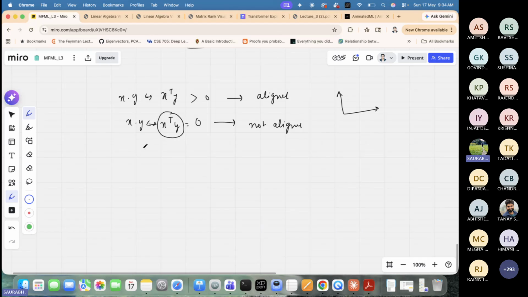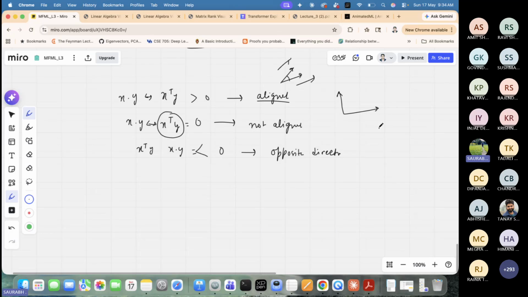You get that idea. But if x transpose y or x dot y is less than 0, then they are basically in opposite directions. When they are aligned, it means that they are in the same direction. Let's say, for example, these two, when you take the dot product between them, they are aligned in somewhat the same direction, right?